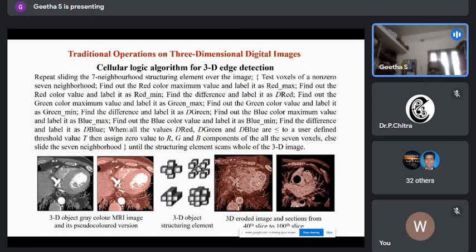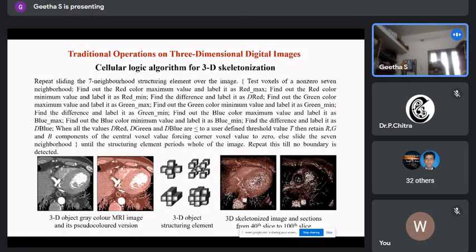When all the values, the difference of red, difference of green, and difference of blue, are less than or equal to a user defined threshold value T, then assign 0 value to the RGB components of all these 7 voxels. Else slide the 7 neighborhood until the structuring element scans the whole of the 3D image.